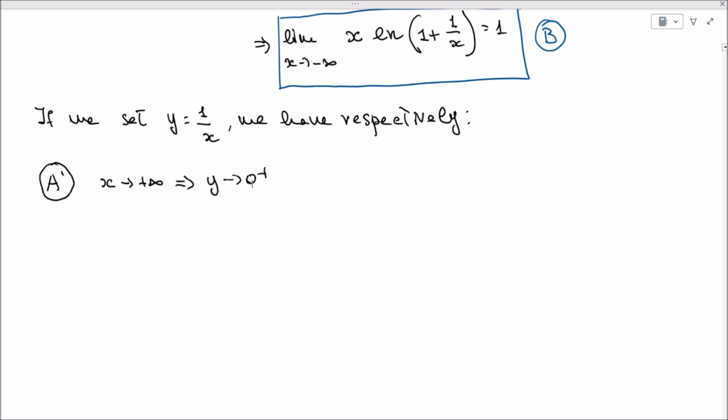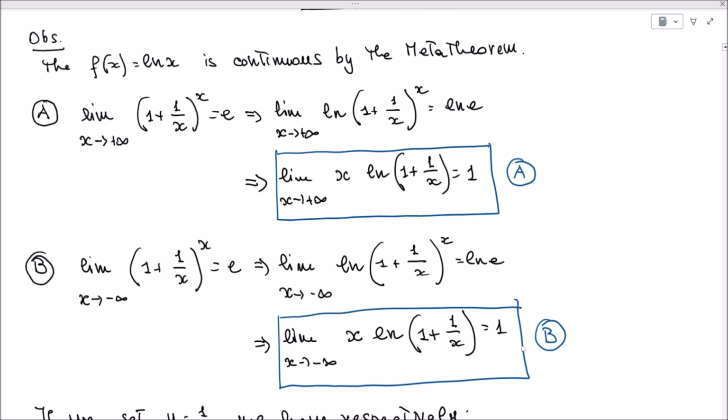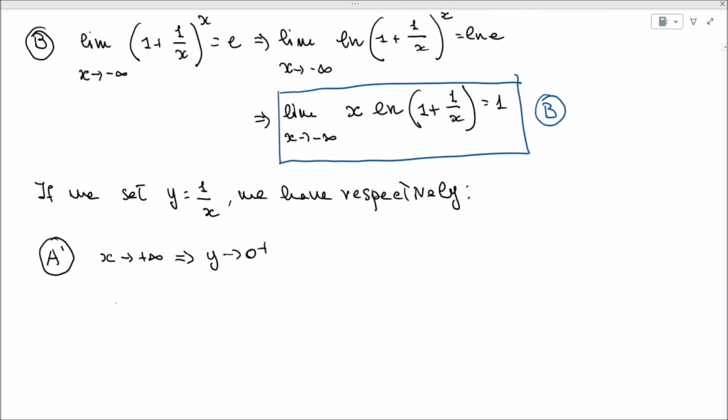So the result A, the fact that the limit as x goes to plus infinity of x times logarithm of 1 plus 1 over x is equal to 1, gives limit as y goes to 0 plus of, instead of x, I'll just use 1 over y, and instead of the logarithm of 1 plus 1 over x, I have the logarithm of 1 plus y, which we know at this point is equal to 1.